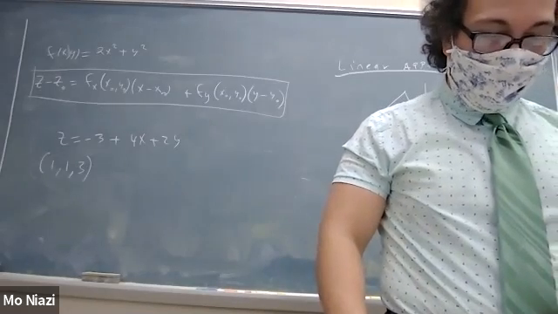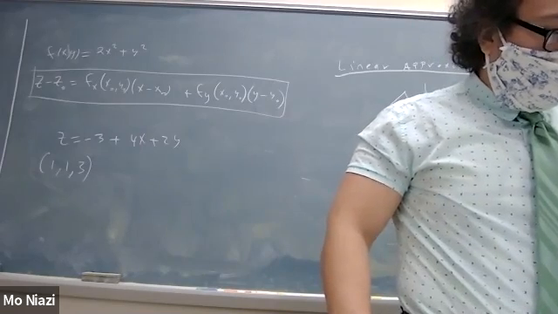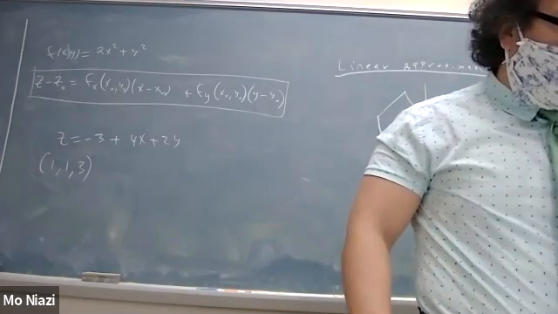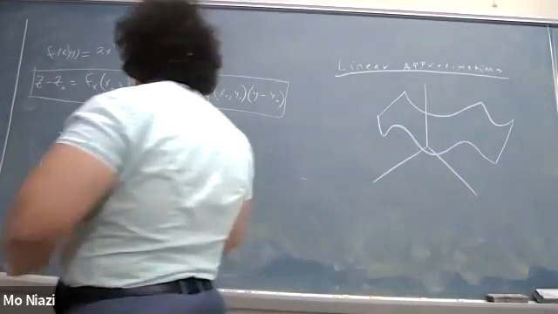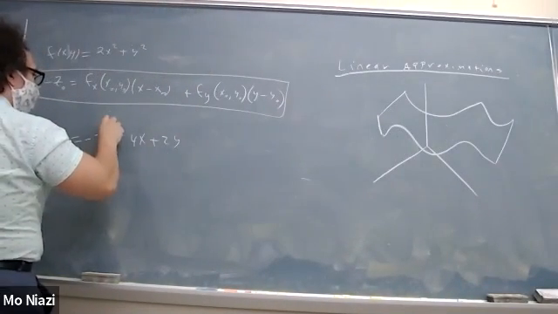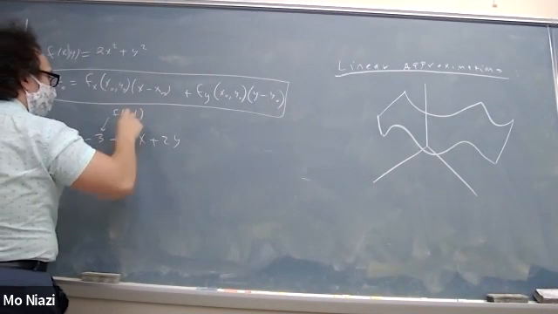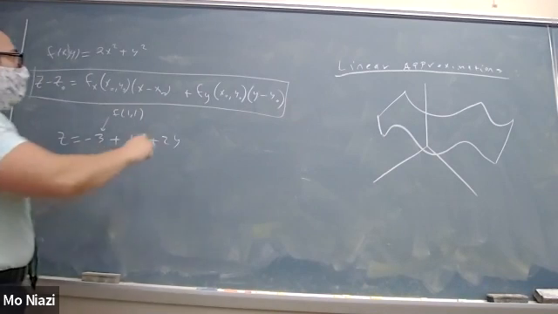What we can derive here is that this term is actually f of (1, 1), is it not?